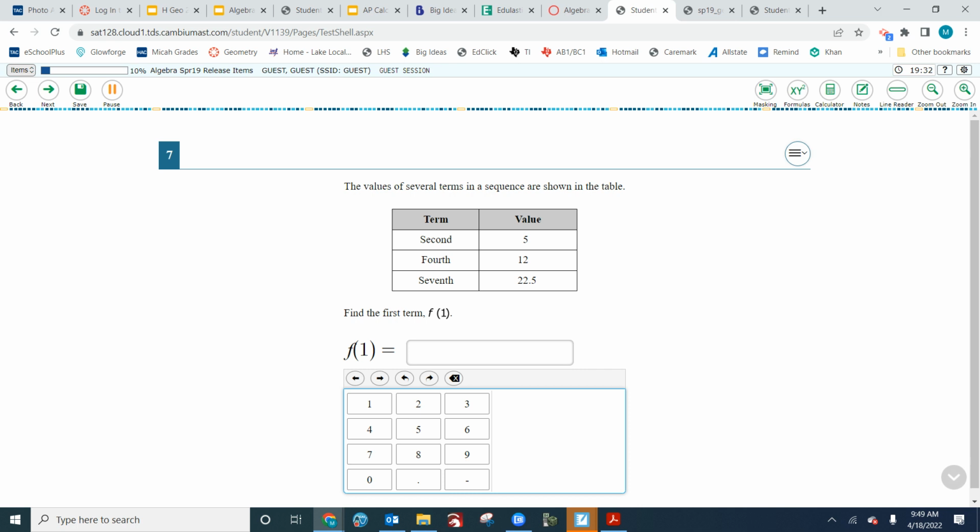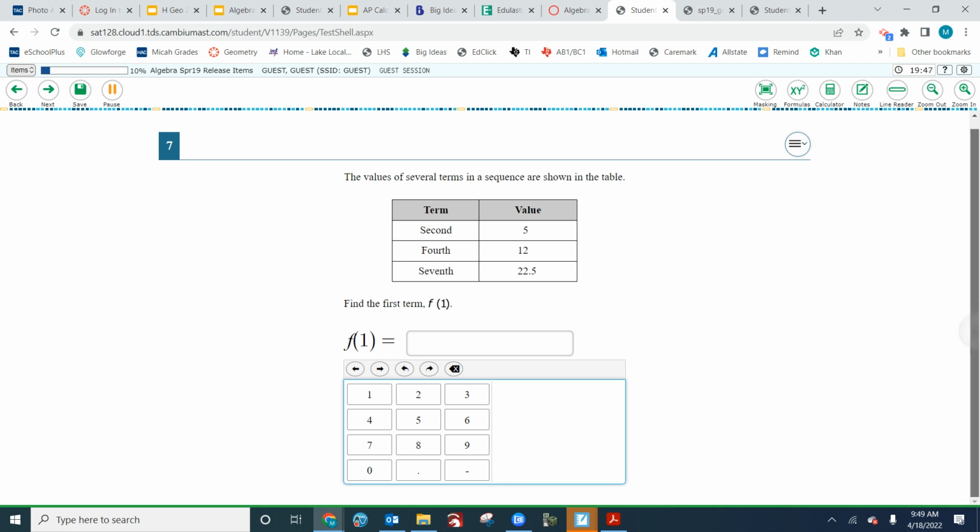What do we got here? Value of several terms in a sequence are shown in the table. Find the first term. Two, five, four.